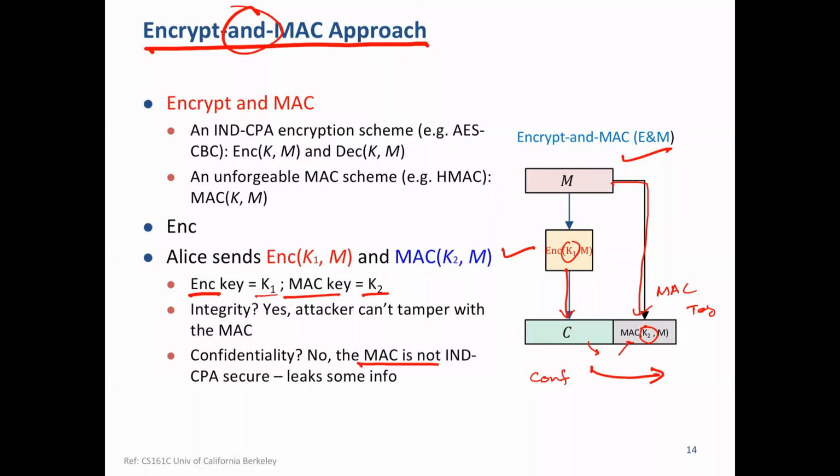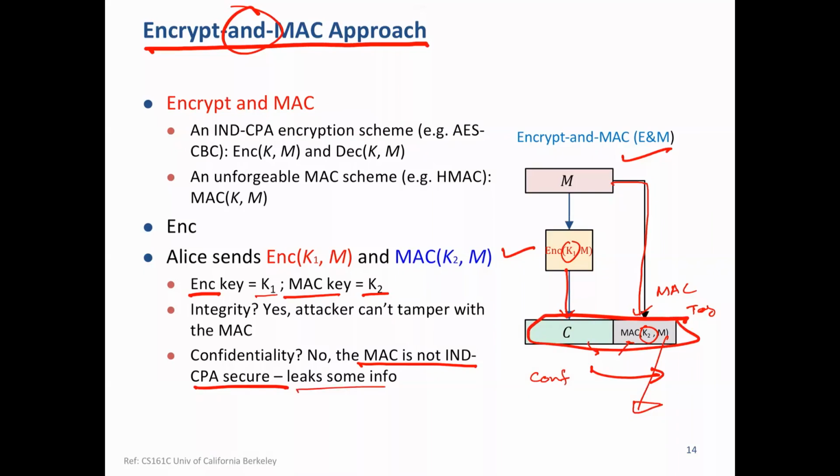The MAC here is not IND-CPA secure. From this, Mallory can find out some information just by tricking Alice into repeatedly sending the MAC of the message. We have seen that a MAC is not IND-CPA secure, so it will leak some information.